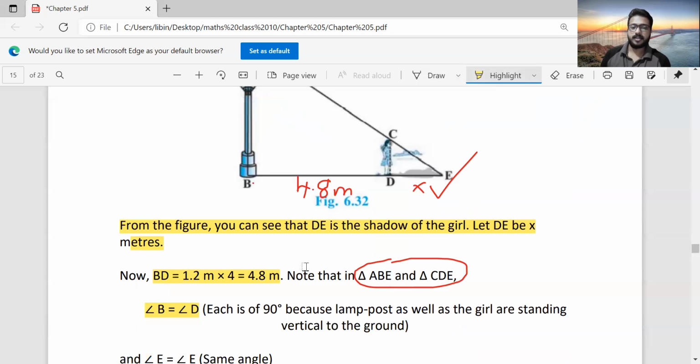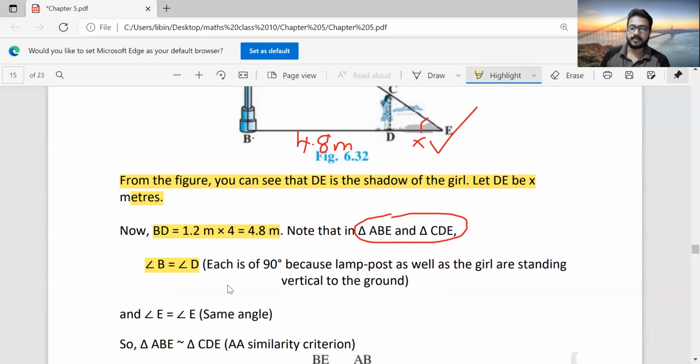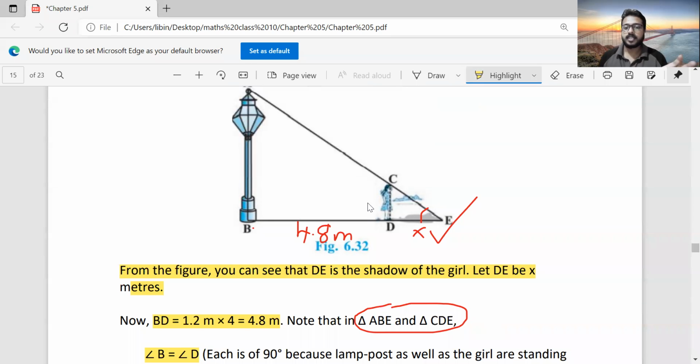So here angle B is equal to angle D. Clear? Now similarly angle E is equal to angle E, because this angle is common to both the triangles. So the two angles are equal, so the third angle should also be equal. So we can say that triangle ABE is similar to triangle CDE by AA similarity criteria. So we have just found that triangle ABE and triangle CDE are similar.